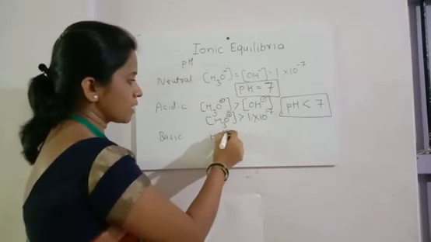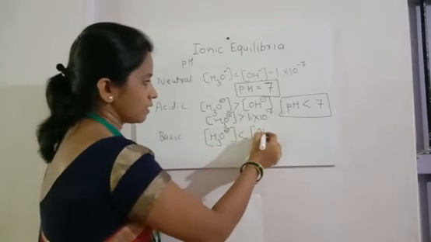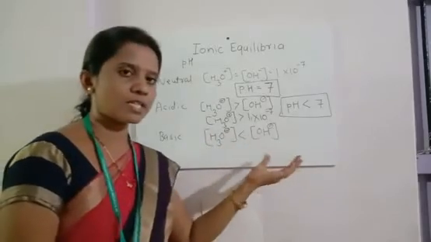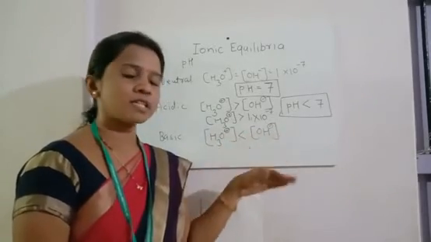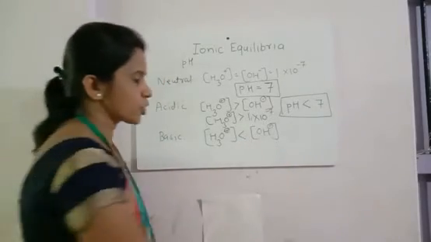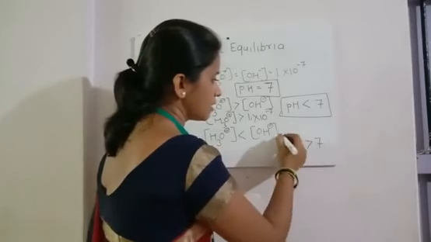For a basic solution it is vice versa, that is, the H3O plus ion concentration is less than that of OH minus, or in the case of a basic solution, OH minus ions are present in excess. So for this kind of solution, pH is always greater than 7.